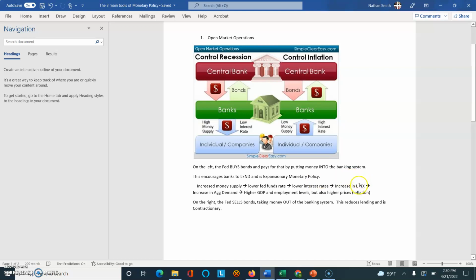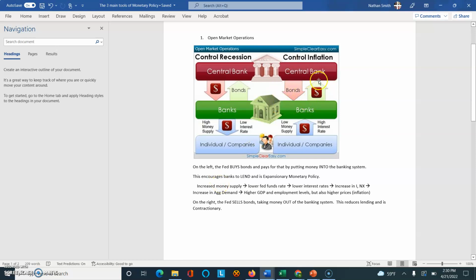That's going to increase investment and also net exports. That's going to increase AD, aggregate demand, and that's going to lead to higher GDP and employment. Just visualize the right shift of your AD curve. But the bad thing is higher prices. Okay, so that's called an open market purchase. It's a subset of open market operations, and that would increase the money supply and stimulate the economy.